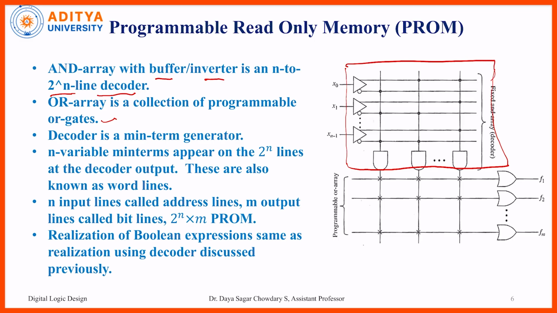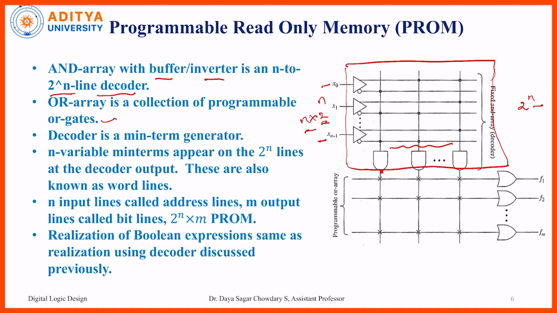It starts from x0 to xn minus 1, that means a total of n inputs. For n inputs we can expect 2 to the power of n outputs. The AND gate outputs are the outputs, so finally we get 2 to the power of n outputs.